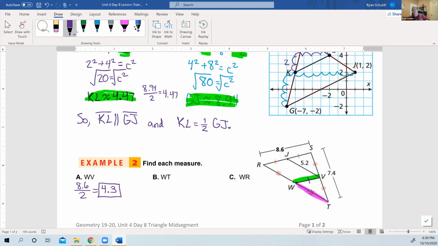It's the one that's parallel to it. So this is 5.2. This has to be 5.2. So that means WT is 5.2.